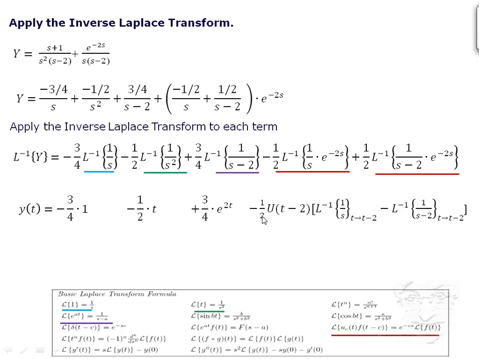And that's going to give me the inverse Laplace of 1 over s, where you have to take into account the shift from t to t minus 2, and then minus, because I'm factoring out a minus here, the inverse Laplace of 1 over s minus 2, where I'm shifting t to t minus 2.